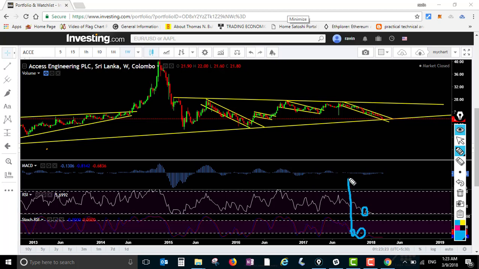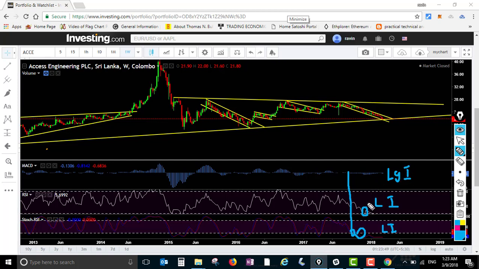But MACD is actually a very first leading indicator, and RSI, the relative strength index, is also a leading indicator, and MACD is a lagging indicator.